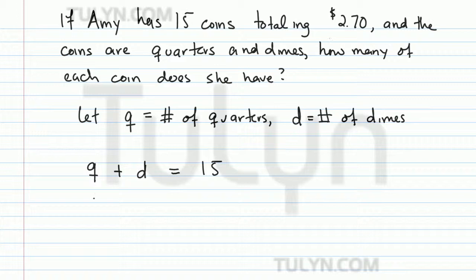So basically, if we have a certain number of quarters, which are worth 25 cents each, and we add that to the number of dimes we have, which are worth 10 cents each, then we'll get $2.70 at the end, right?